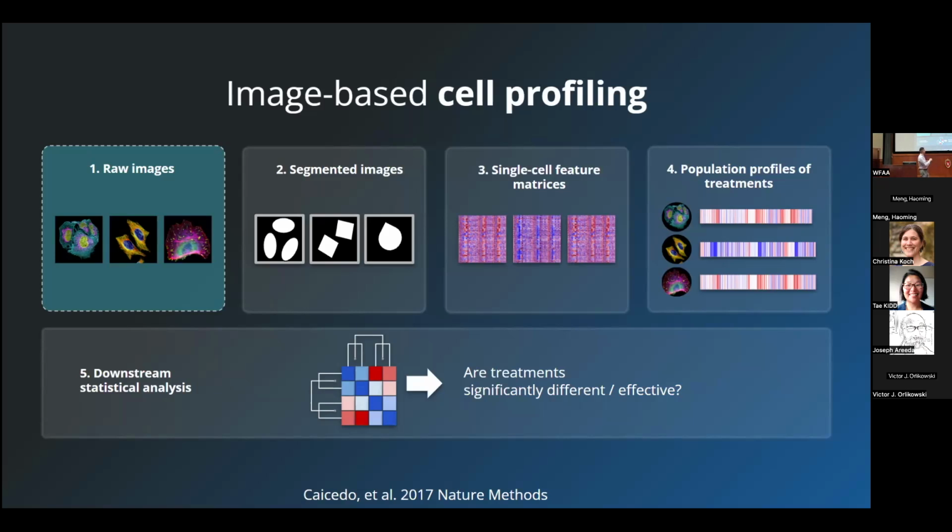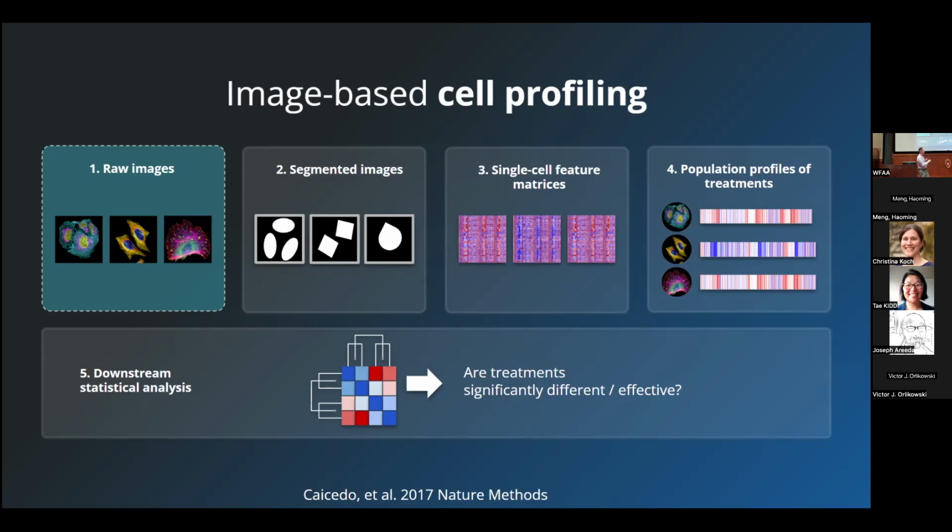The way this workflow works is pretty much like this. Imagine that we have one set of cells that are healthy, and then we have the sick version of those cells. And then you have another experiment that exhibits how the sick cells respond to one specific compound or one specific treatment. So we have three conditions in this cartoon example.